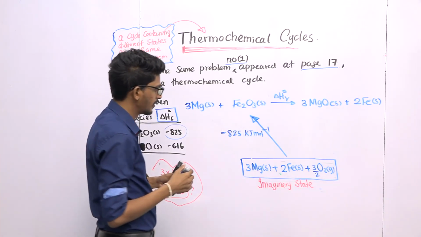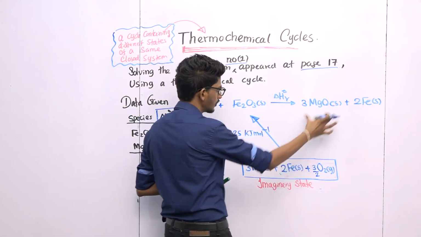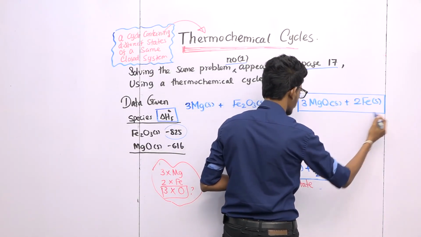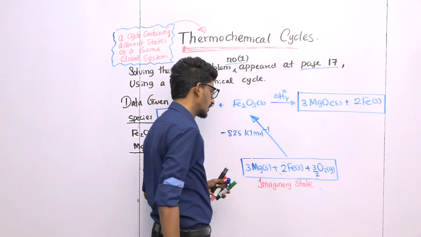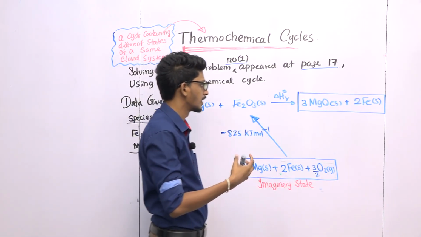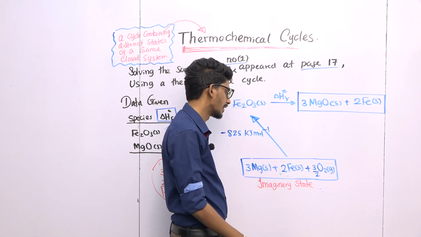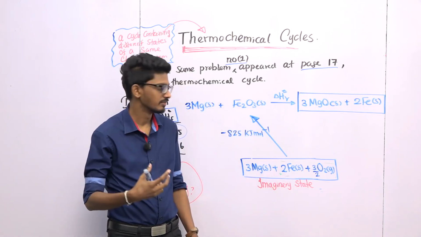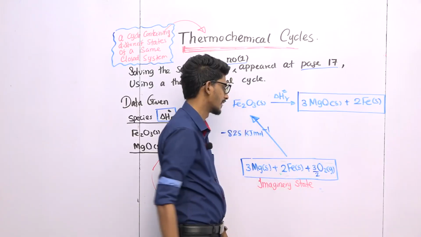Next thing, now we are going to relate this state to this one. We're going to relate this state to this thing, right? First, see what kind of a change has happened when converting this to this.